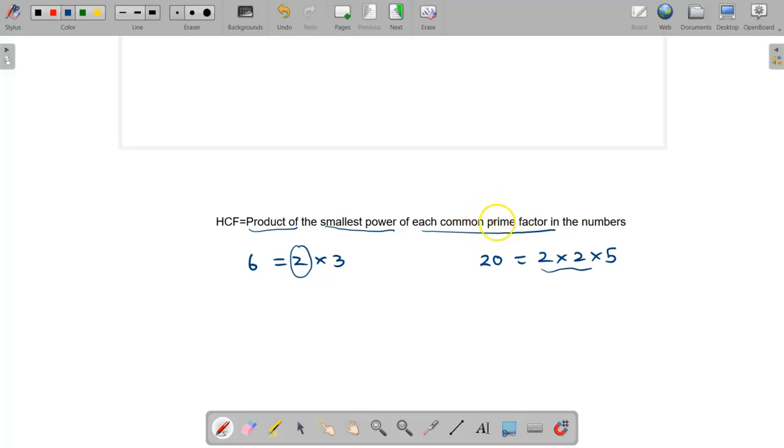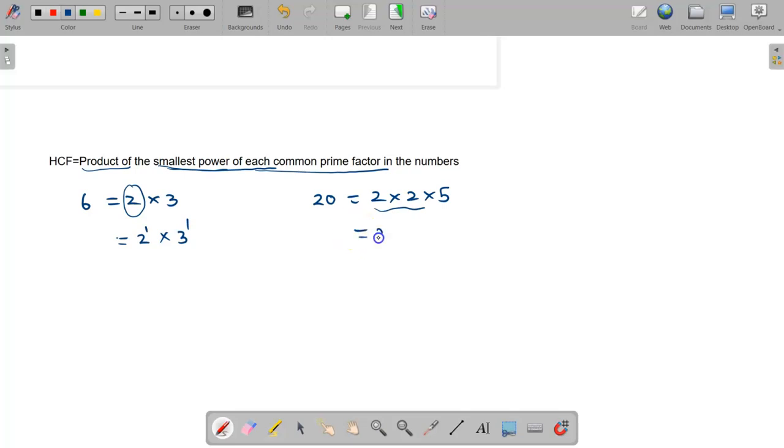Once we determine the common prime factor, we have to find the smallest power of each common prime factor. What is the power here? It is 2 power 1, and 3 power 1 because it appears only one time. What about here? 2 appears 2 times, so it is 2 power 2, and then 5 power 1.